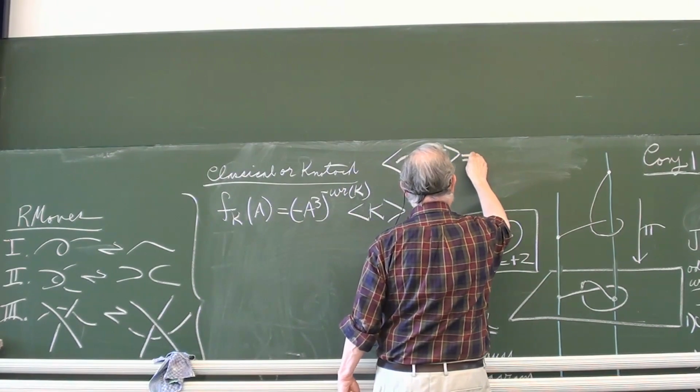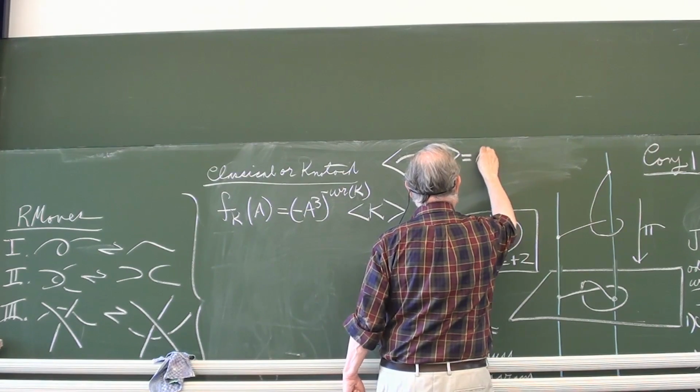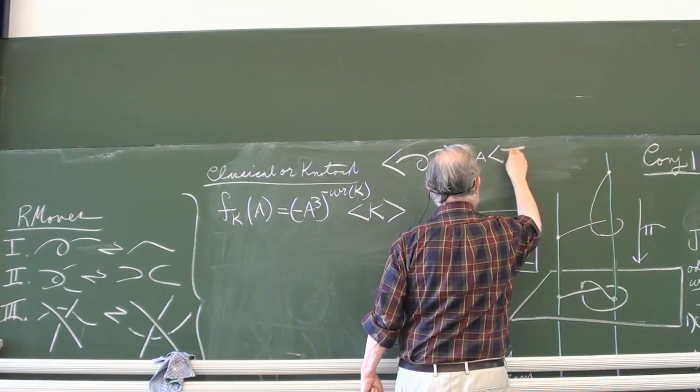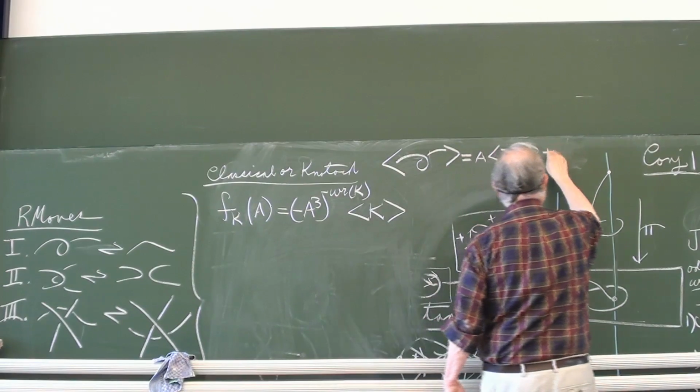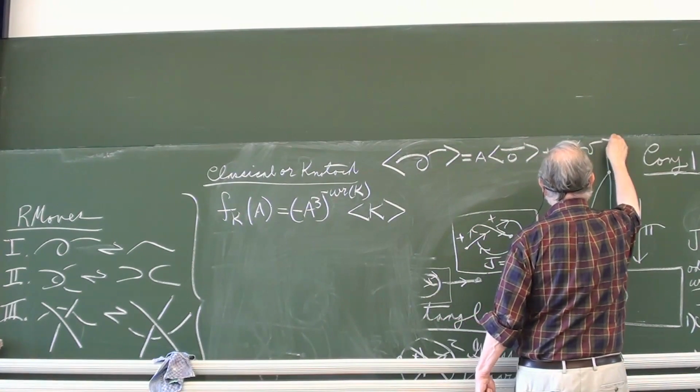What happens if you have a little curl? You're going to get A times the evaluation of this plus A inverse times the evaluation of that.